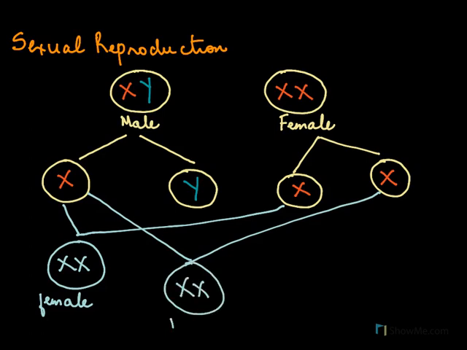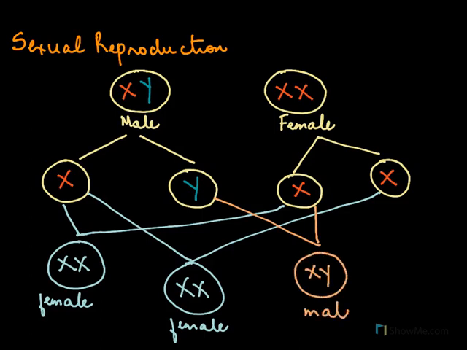So you'll have again X and X, and that would result in a female. But it could be that this Y fertilizes the X, and now you'll have X and Y. You'll have a male. Or this same sperm could have fertilized this X. So you'll have again X and Y, and you have a male.